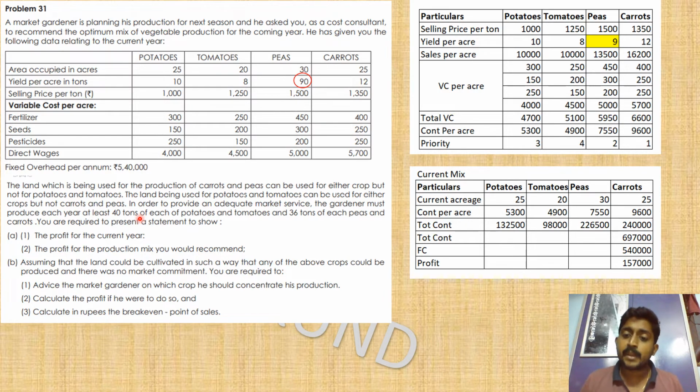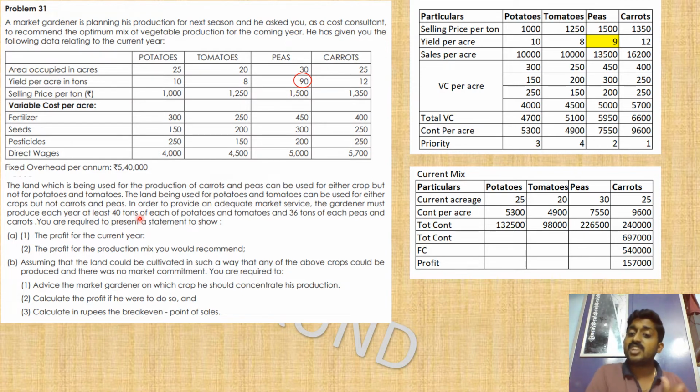So potato and tomato can be shuffled between them, but that land cannot be used for cultivating carrot and peas. Actually, this is not just a twist in the question. Practically also, different types of fertilizer, pesticides, chemicals and ways of land preparation will be used for potatoes and tomatoes, and it will be different for peas and carrot. If those chemicals or activities meant for carrot and peas are used for potatoes, potato and tomato cannot grow properly.